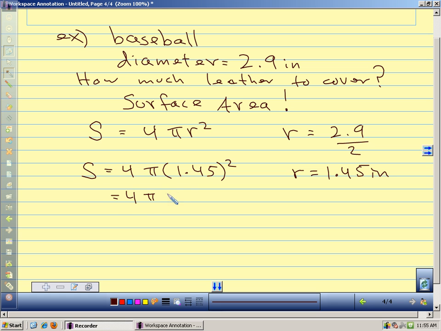Or 4 pi, 1.45 squared gives me 2.1025. And when I calculate that out, that is about 26.42 square inches. So it would take just over 26 square inches of leather to cover this baseball, to make the cover for that baseball. Yes? Okay. Questions on that calculation?